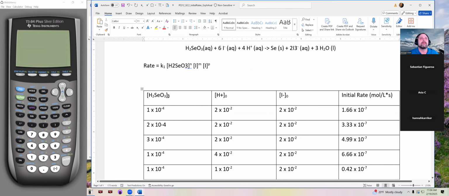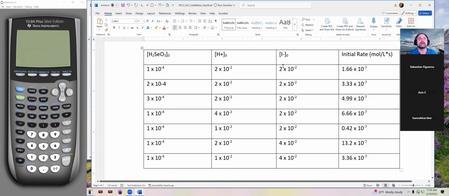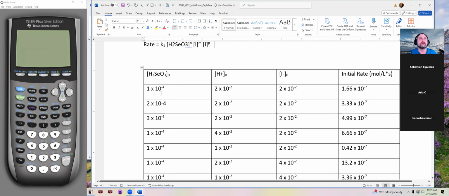Notice we've got the initial concentrations and the initial rate in moles per liter per second. The reaction rate will have to be determined in this case by comparing a couple of these different reactions.